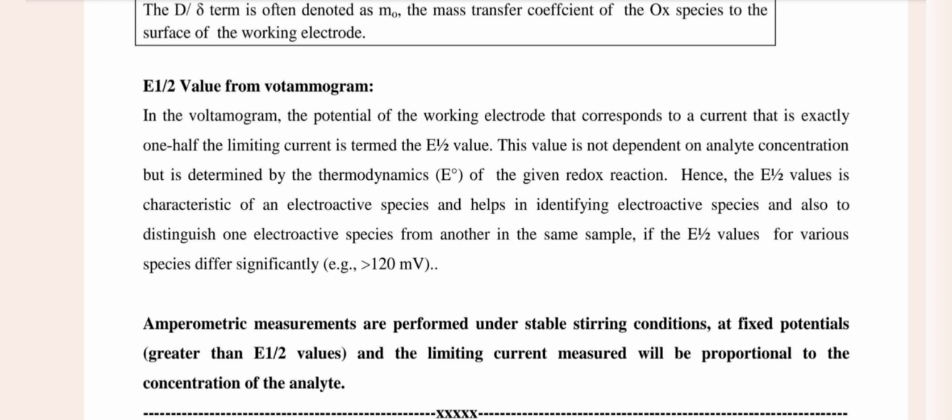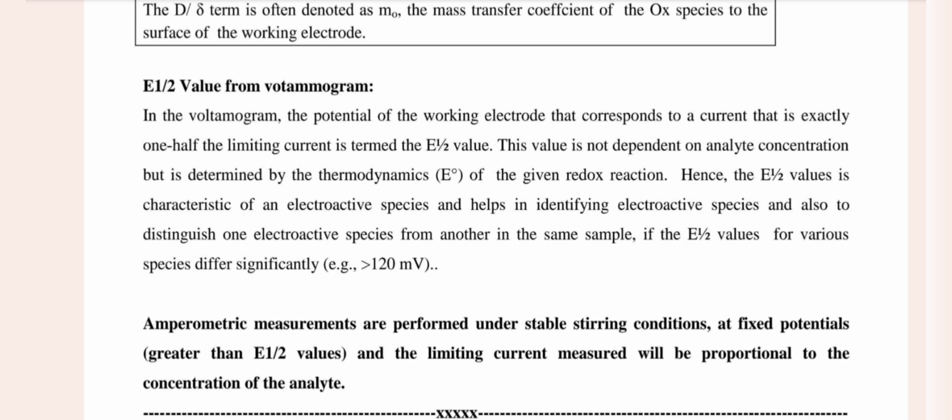Using the E half value of different species, we can distinguish them from one another, because it does not depend on the concentration. It is unique for different electroactive species.